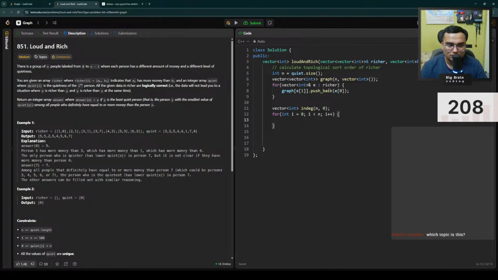I can just calculate in degree when creating the graph itself, right? Why do I need another loop here? So in degree of e of 0 plus plus. Then we need a q, push nodes which have 0 in degree.